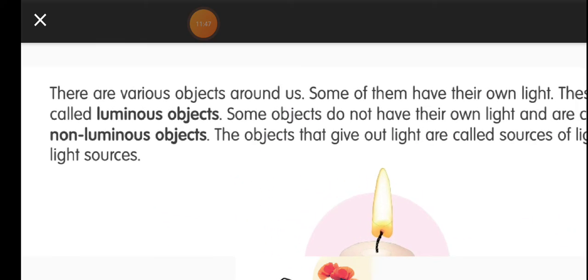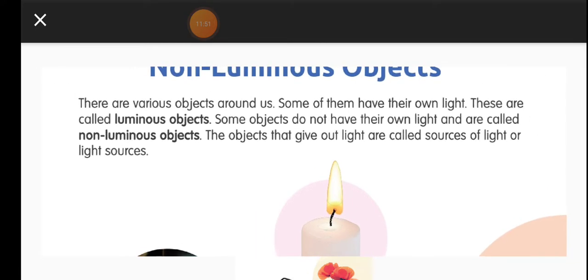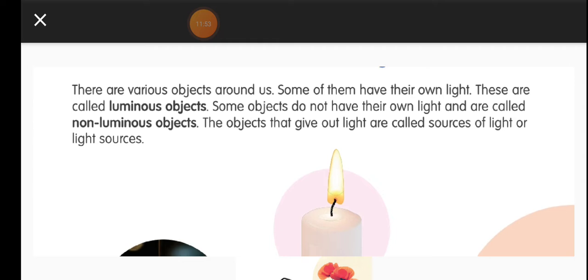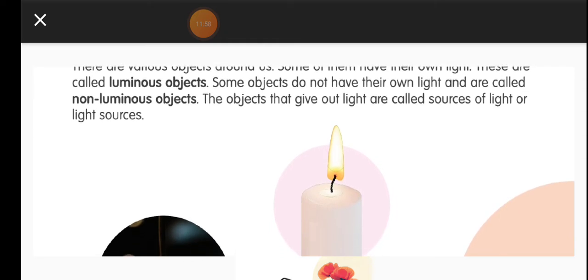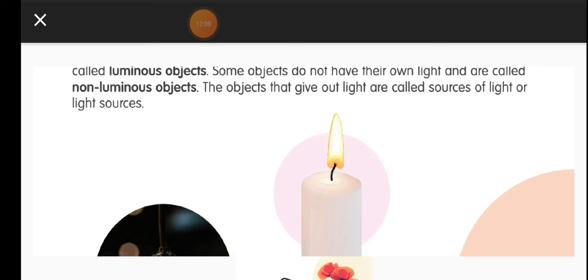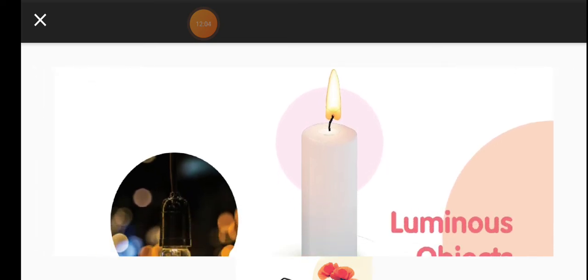There are various objects around us. Some of them have their own light. These are called luminous objects. Some objects do not have their own light and are called non-luminous objects. The objects that give out light are called sources of light or light sources.